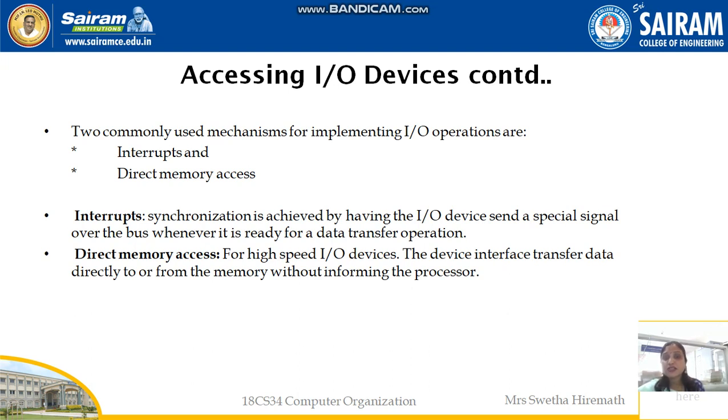So that synchronization is achieved by the IO device sending some special signals over the bus whenever it is ready for the transfer of the data. So that is nothing but the interrupts.